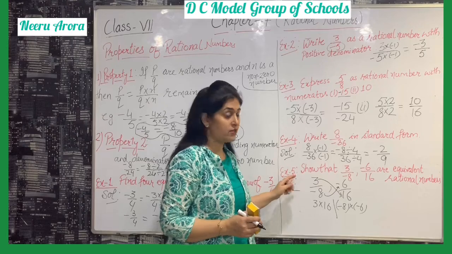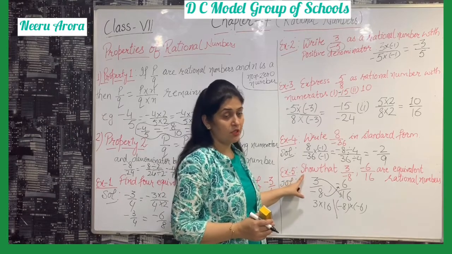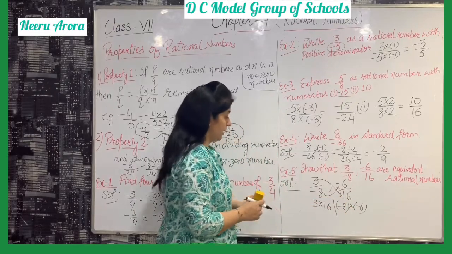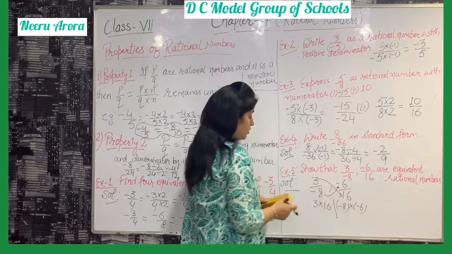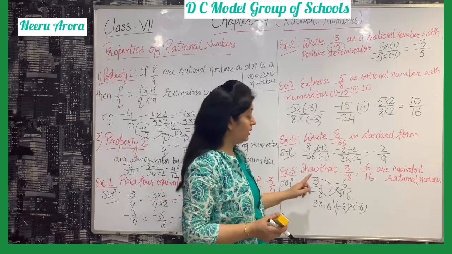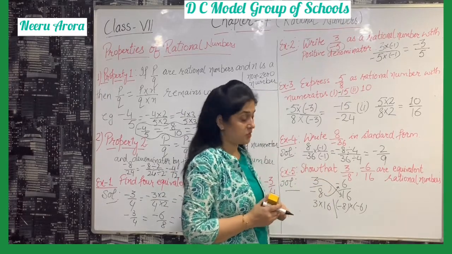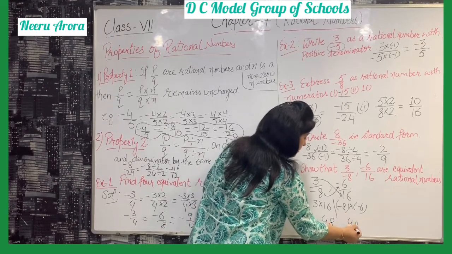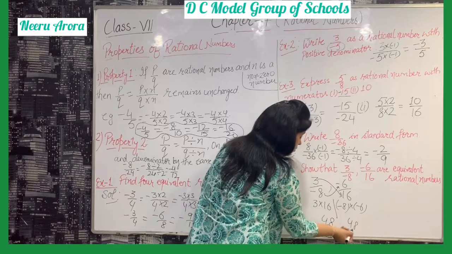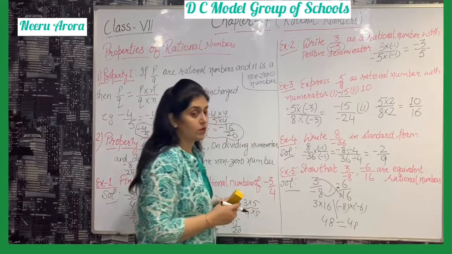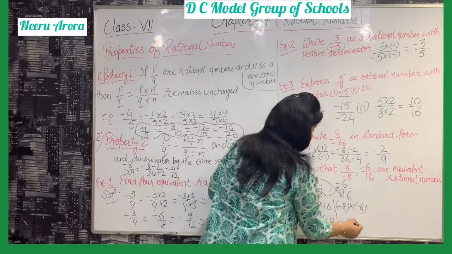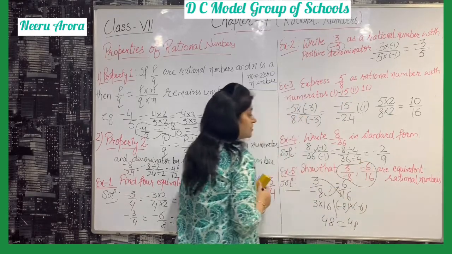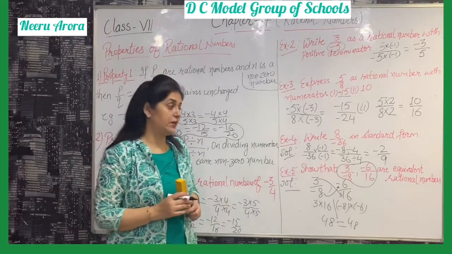Keep in mind always, numerator of the first and denominator of the second. Then on the right-hand side, denominator of the first and numerator of the second. So we get 48, 8 sixes are 48, minus into minus is plus. So 48 is equal to 48. Yes, we can say that 3 by minus 8 and minus 6 by 16 are equivalent rational numbers.